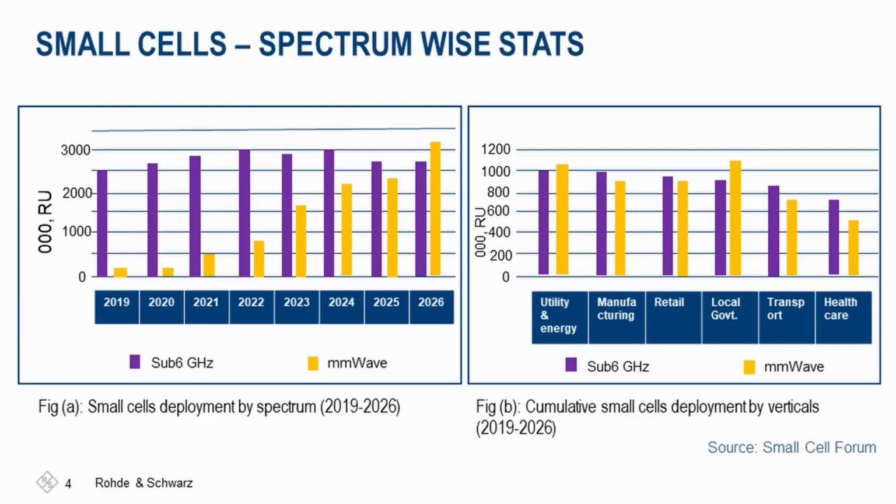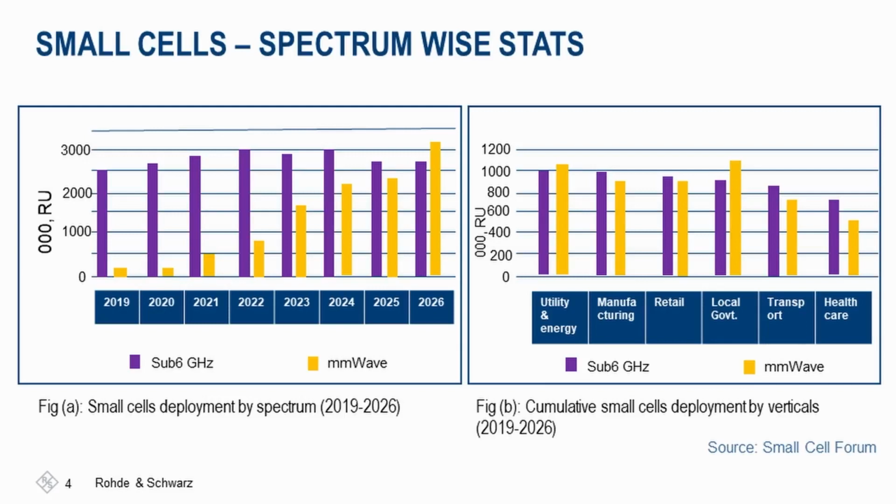And here, the small cells are an essential strategy to realize the full potential of 5G in both indoor and outdoor environments. Next, looking at the statistics of the small cells deployment by spectrum wise, you see currently FR1 is the dominant deployment scenario. And moving on from 2022-23 onwards, you can see the millimeter wave small cell deployment getting increased until 2026, maybe where the FR1 and FR2 deployments will be at par.